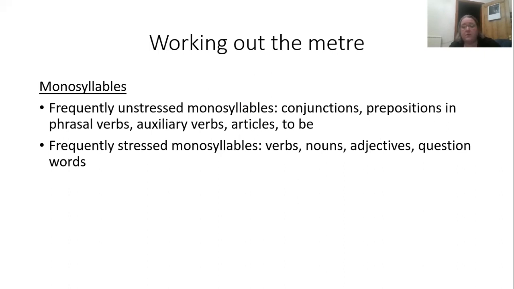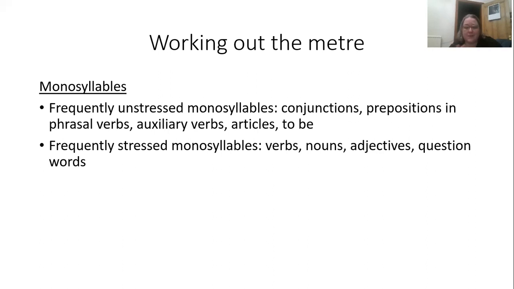So if you think of, for example, looking forward to, the to is rarely, if ever, emphasized. Auxiliary verbs, so this is words like don't, haven't, aren't in verbal phrases. So for example, I'm not reading, I am reading. I haven't been, I don't like.